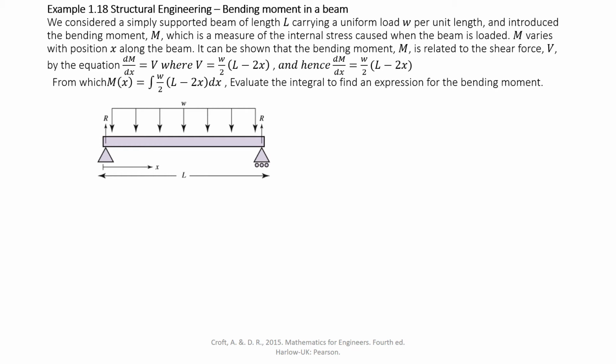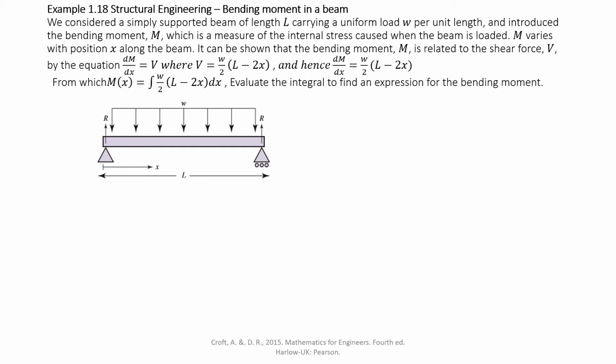It can be shown that the bending moment is related to the shear force V. Now what is V? V is the rate of change of M with respect to x, and V is actually W by 2 times L minus 2x.